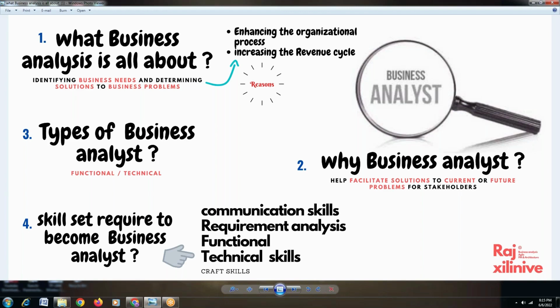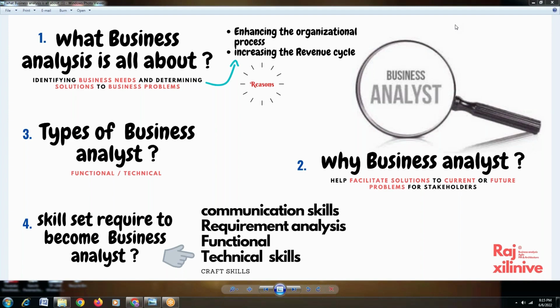This is where the business analyst role comes into the picture. Business analysis, or a business analyst, is a kind of role who acts as an intermediary between business and technical communities. This is what generally the role of a business analyst is all about in any organization.